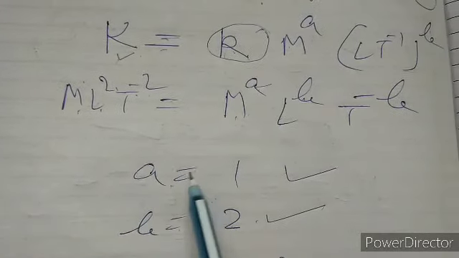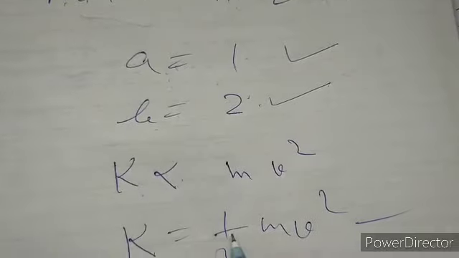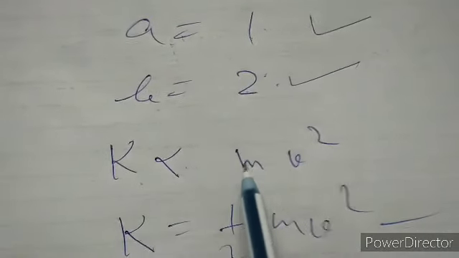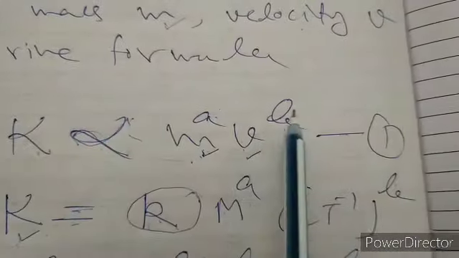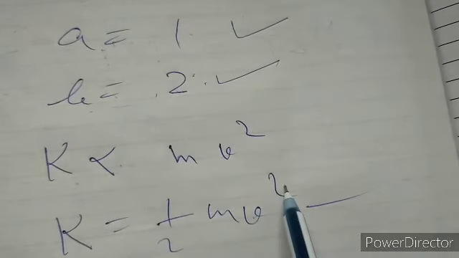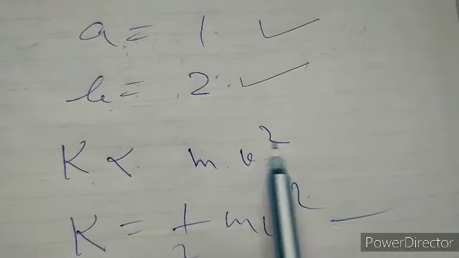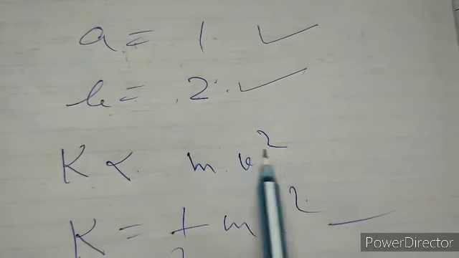Now we get the values of a and b, 1 and 2. Substitute in equation 1: K is proportional to m power 1, v power 2. Then K is proportional to m v square.